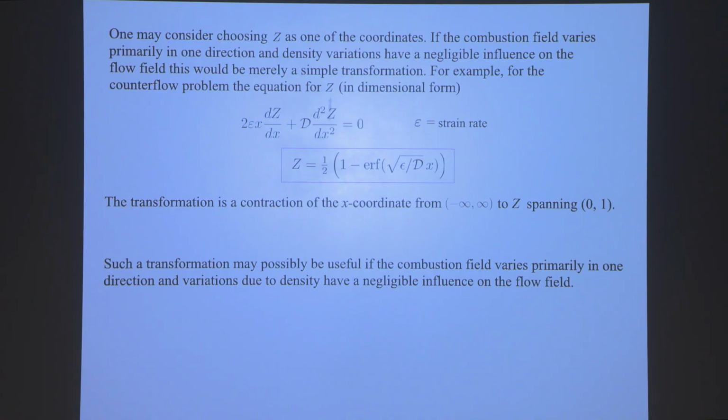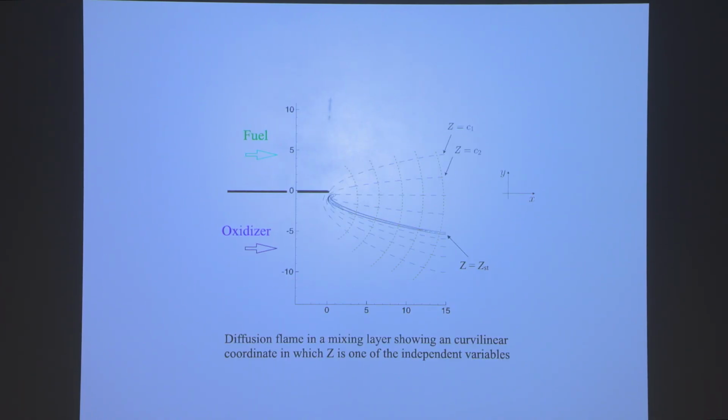It's just contracting minus infinity to infinity into 0 to 1. So in this situation, it's a simple transformation, nothing too exciting. But the idea is that it could be useful in perhaps more general situations.